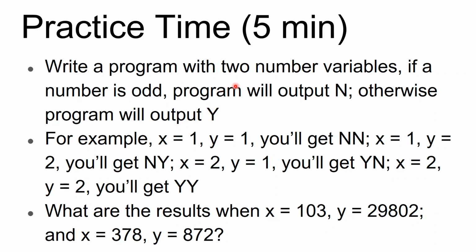For example, x equals 1, y equals 1, and you will get nn because 1 is odd, and then 1 2 you will get ny, and 2 1 you will get yn, and x 2 y 2 you will get yy. Okay, this is the example to explain the things we want to do.